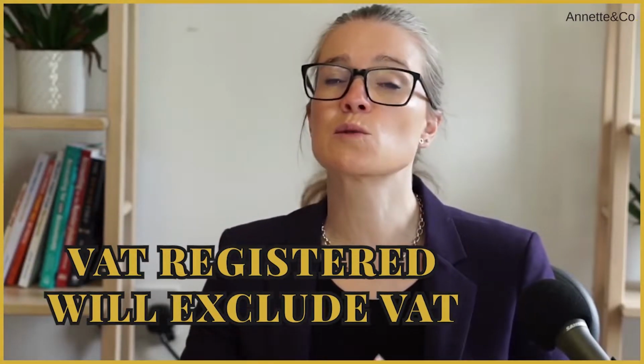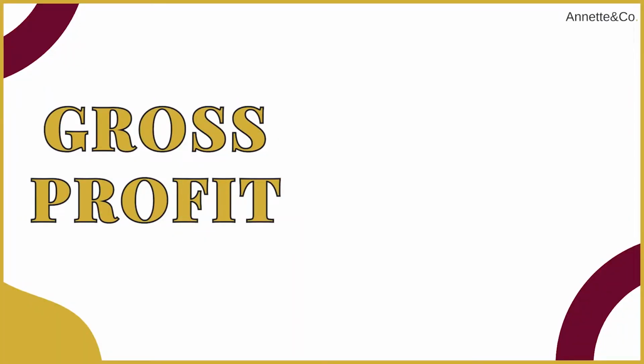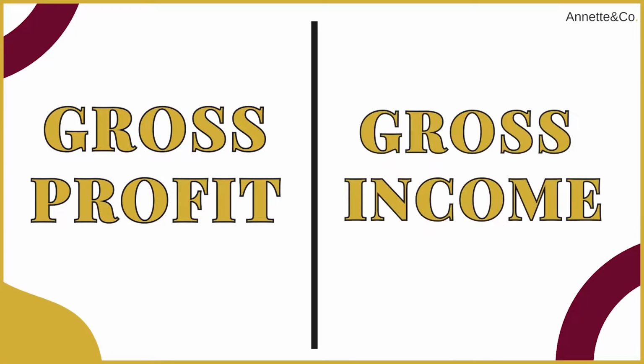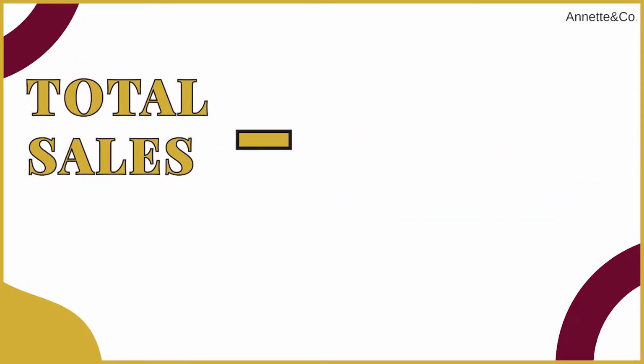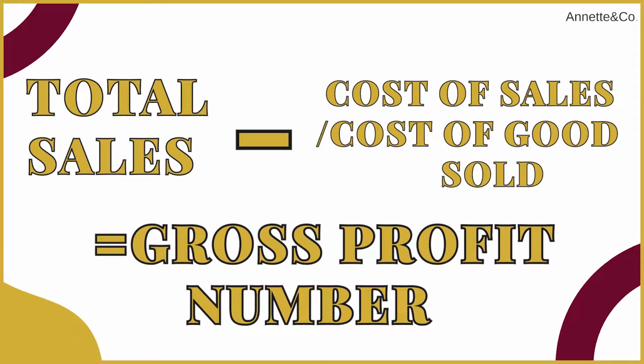All of these profit numbers, if you are VAT registered, will exclude VAT. And the gross profit, which is sometimes also called gross income, confusingly, the gross profit is your total sales minus your cost of sales. It can also be known as cost of goods sold. Gives you your gross profit number.